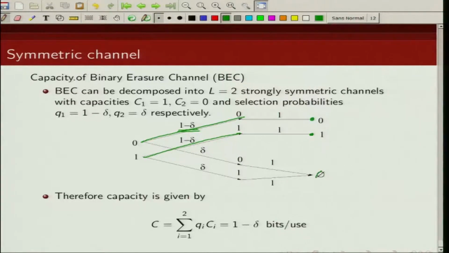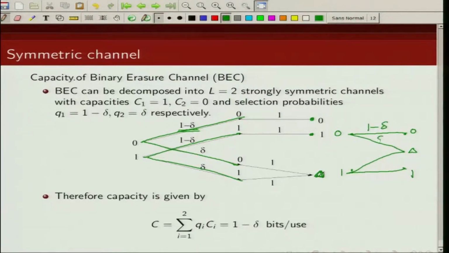Now if you consider the second channel, here the second channel is similarly selected with probability delta. Again, let's redraw the diagram for the binary erasure channel: 1 minus delta, delta, delta, 1 minus delta.